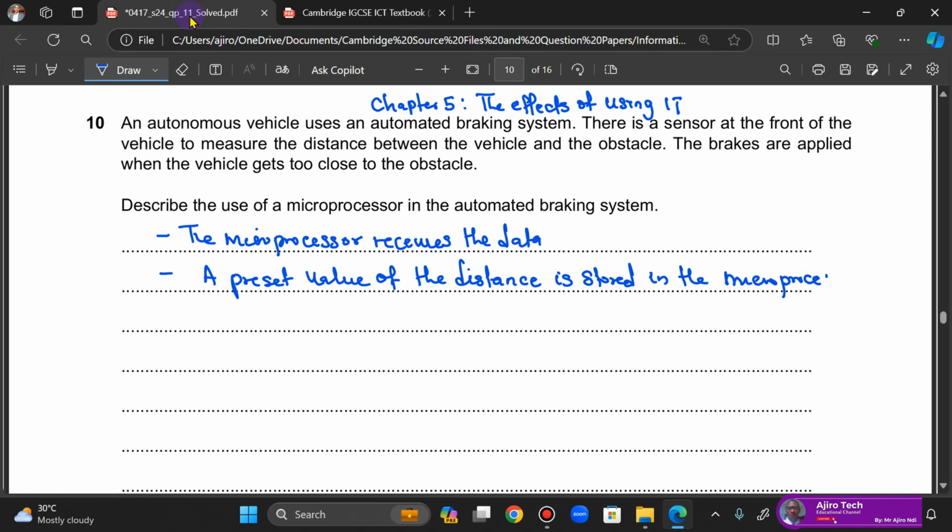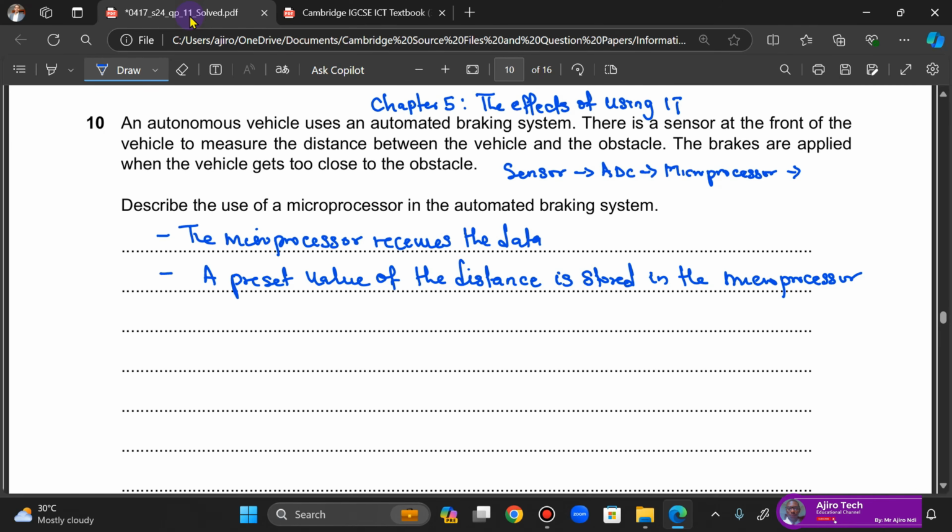Please remember, I want to show you this. We have the sensor here. Then we have ADC. Then we have the microprocessor.